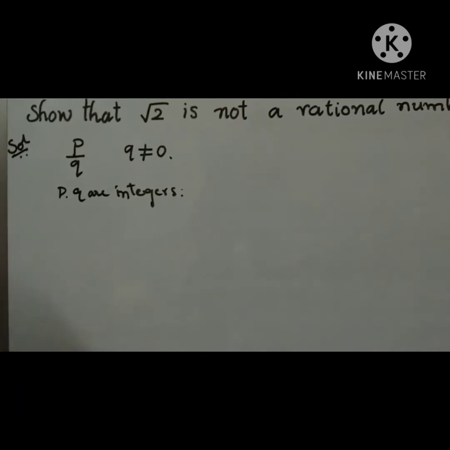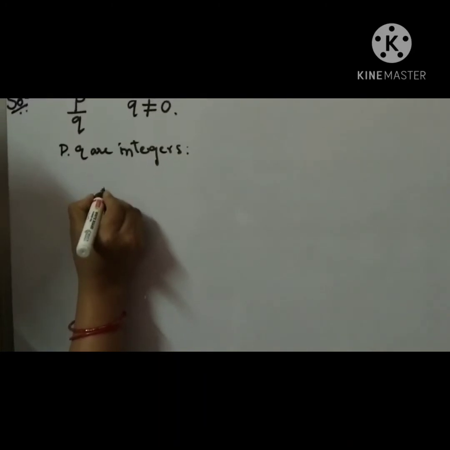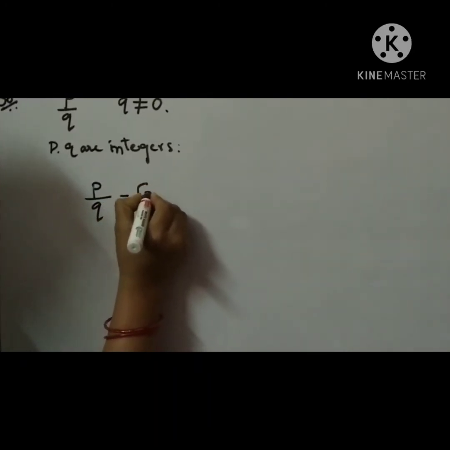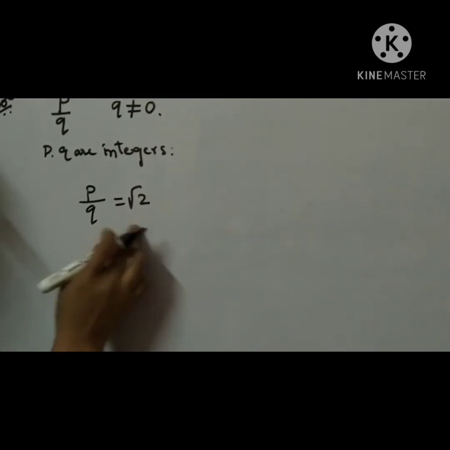Okay children, so here suppose p by q is equal to root 2. We take p by q equal to root 2.